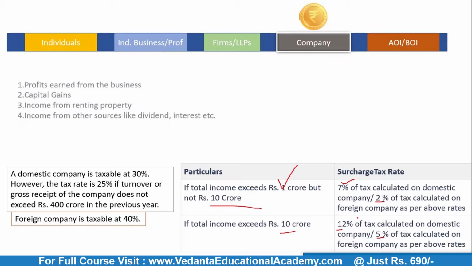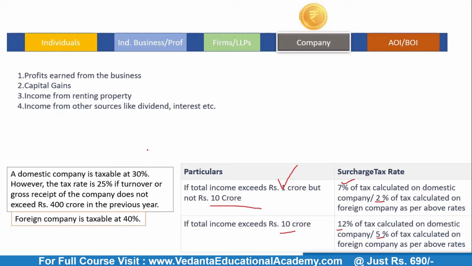The income will be calculated based on profit earned from the business, income from capital gains, income from renting a property, and income from other sources like dividends and interest. Whatever income you collected, on that income the flat 30% or 25% or 40% will be applicable accordingly. Let's take an example. There is a business whose turnover is around 1 crore and 50 lakhs.